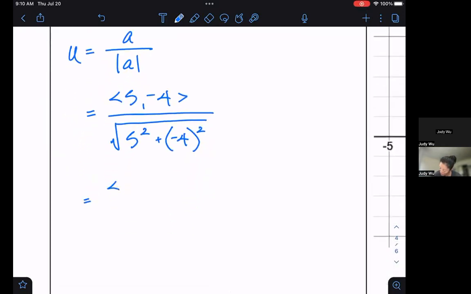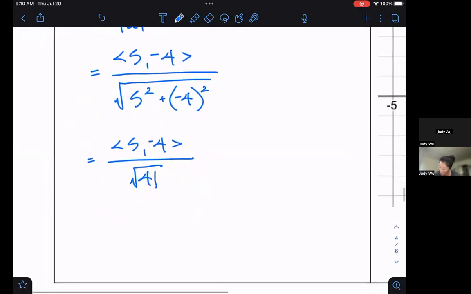We do a little bit of arithmetic. 5 squared gives us 25 plus 16, so 25 plus 16 gives us 41. I know that's not a nice number, so I'm just going to leave it that way.